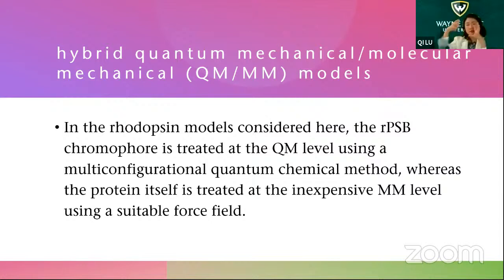This part needs to be treated at the quantum mechanical level to get a meaningful result. But for the backbone structure of the transmembrane part, maybe just an extensive and time-saving molecular mechanical model is required. So I need to combine these two.